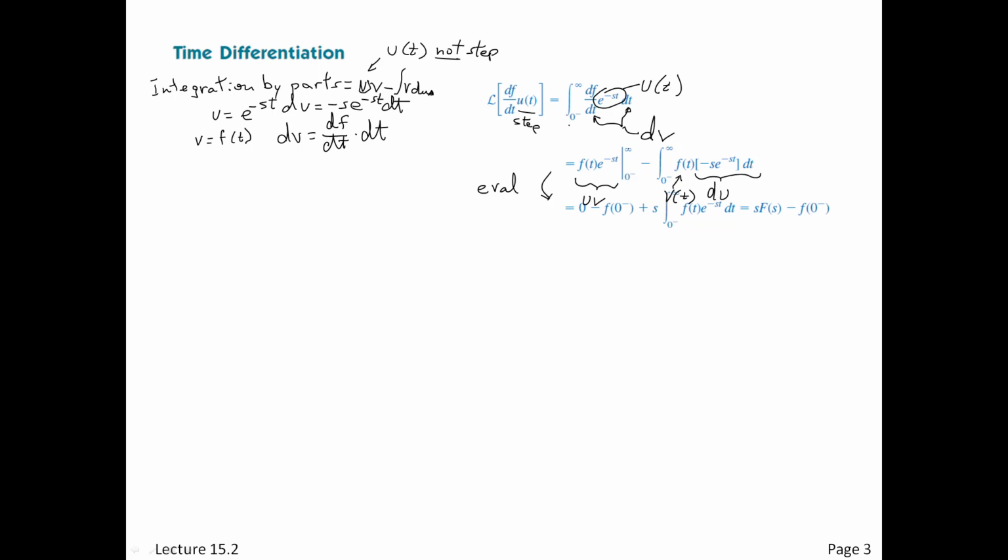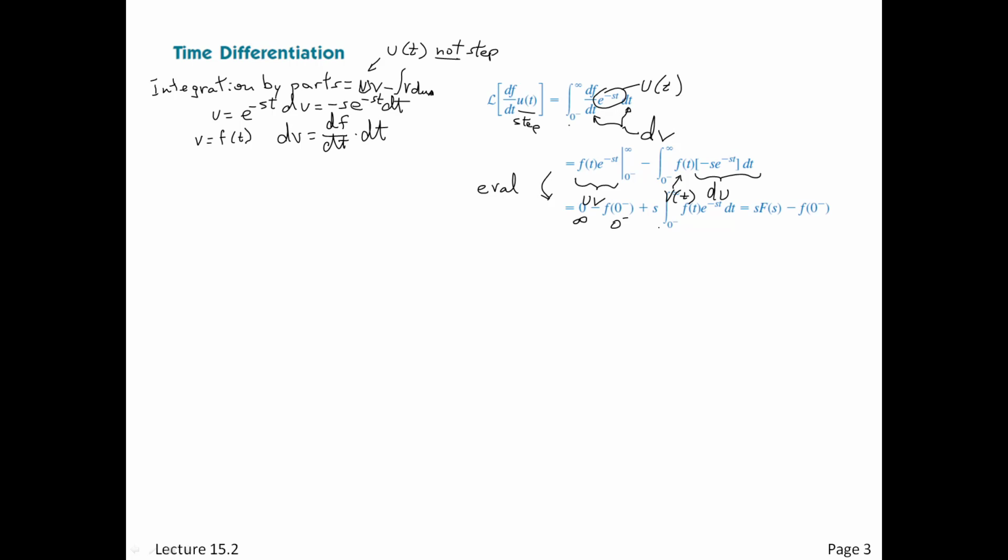And then it'll be plus f of infinity, which we don't know, but e to the minus infinity we do know. That's 0. So this is really the evaluation at infinity, and this is the evaluation at 0 minus. And that just plays to the formula, and we get that straight away from the formula.